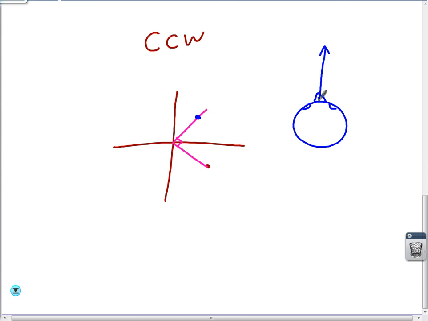You're going to spin from there to here. Correct? You spun 90 degrees clockwise. What if I asked you to spin 270 degrees counterclockwise? Think about it. Where do you end up? The same place.